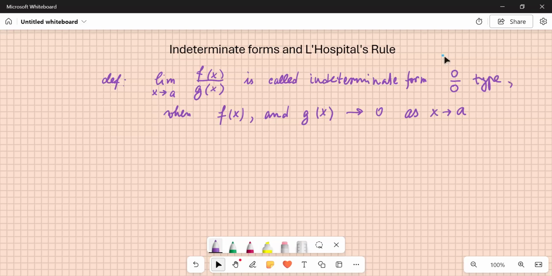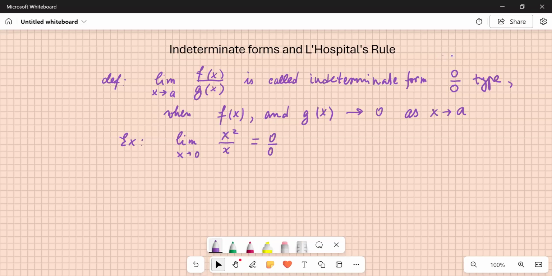Let's consider a couple of examples, and we are going to start with examples we already kind of know. Let's imagine the limit of x squared over x as x approaches 0. It's a fraction, right? Numerator and denominator both approach 0 when x approaches 0, so we are going to have 0 over 0 form.